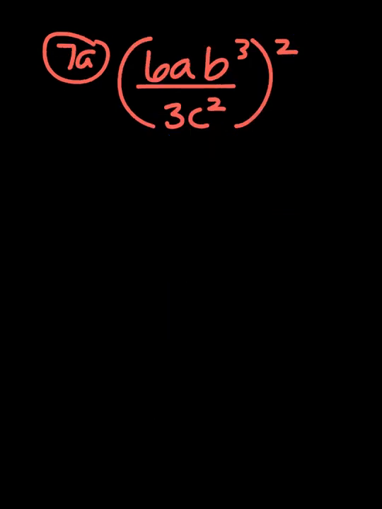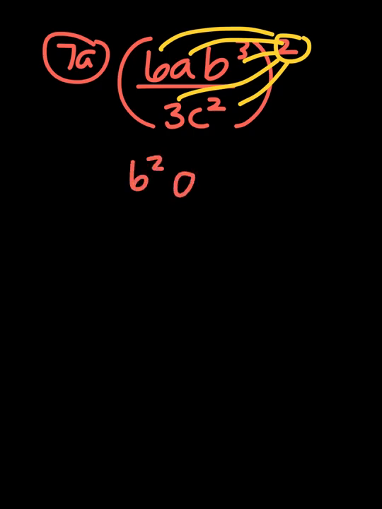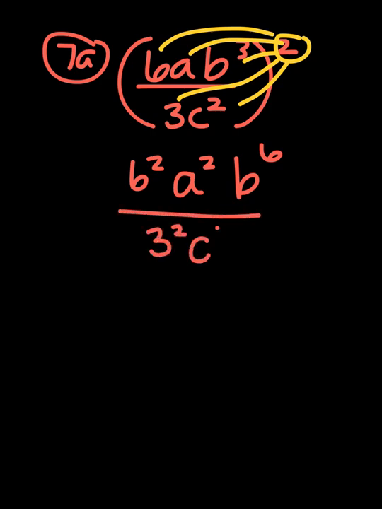For 7a, I want to start off by being Oprah and making sure that the power of 2 gets to every single base inside the parentheses. So there's 5 different ones. So I'm going to do 6 squared, a squared, b to the 6, because 3 times 2 is 6, over 3 squared c to the 4th.